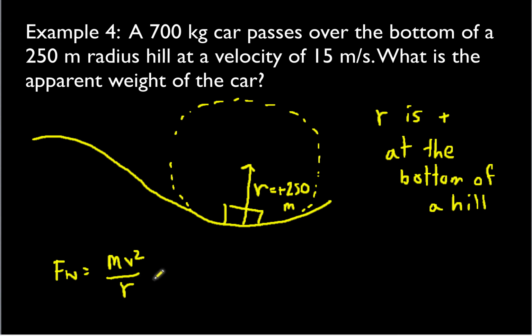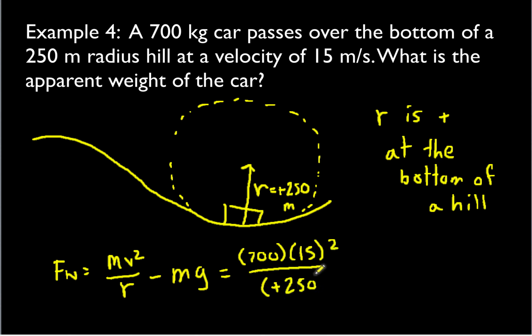Fn equals mv squared over r minus mg equals 700 times 15 squared divided by 250, that's positive, minus 700, which is the mass, times negative 9.81, which is gravity. This gives us an Fn equal to 7,497 newtons.